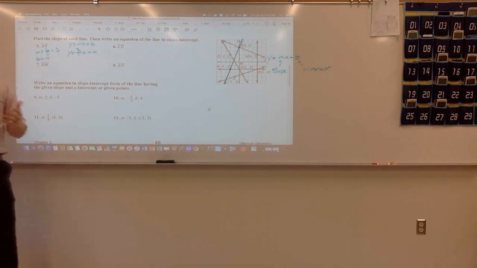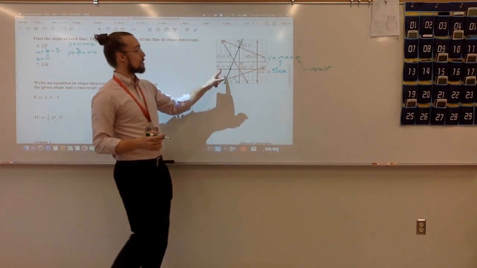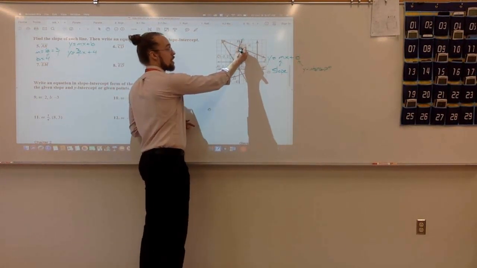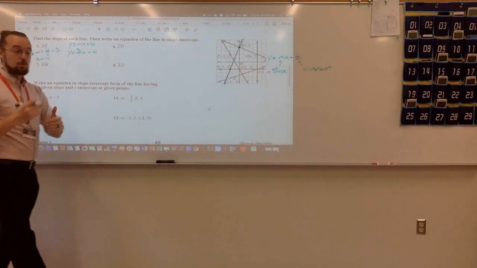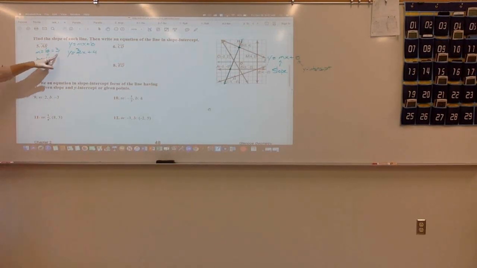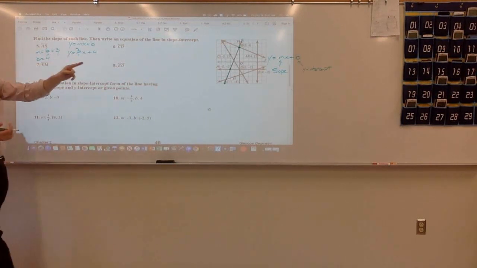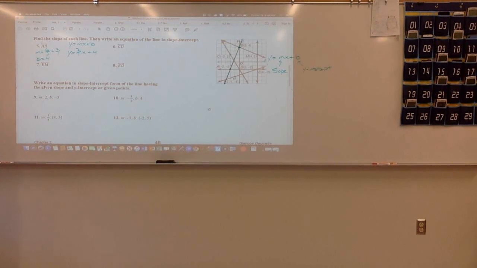And the b value is the y-intercept, which is just wherever the line crosses the y-axis. So it crosses at 4. Then to write the equation of the line, I'm just plugging these two pieces of information in for m and b. So my m is 3 over 1. My b, the y-intercept, is 4. So the equation of this line is y equals... the y-axis, yeah.